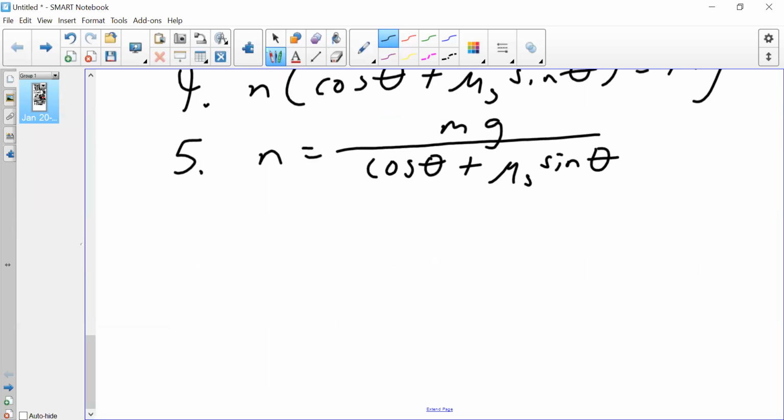That's my normal force expression. Then now I'm going to substitute that into equation 1, doing it as explicitly as I have it on paper.